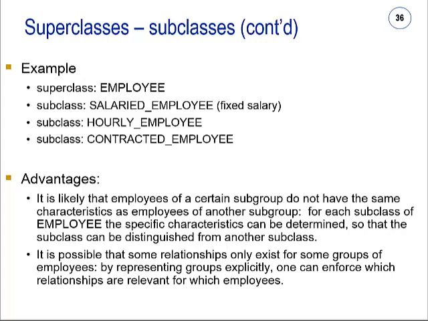And when we say very specific semantics, we are not only referring to specific attribute types, but we are also referring to specific relationship types. As indicated by the second sub-bullet, it is possible that some relationships only exist for some groups of employees. By representing the groups explicitly, one can enforce which relationships are relevant for which employees. Translated to our student-professor example, a professor can have a relationship to course.